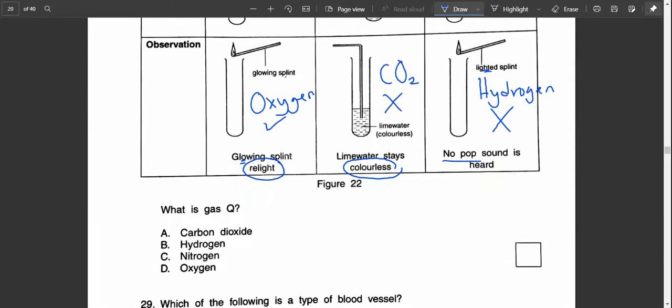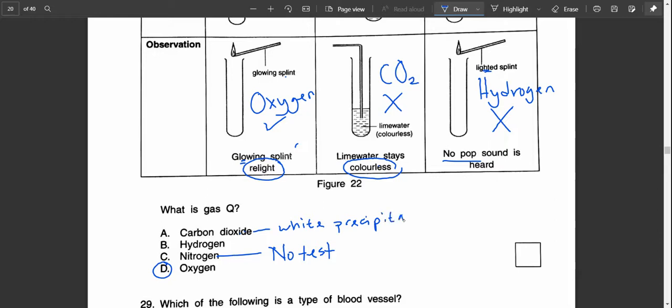With all this, what is gas Q? I take only oxygen. For nitrogen, there is no test at all, that's why it's not shown there. For carbon dioxide, lime water, if it's positive, will produce a white precipitate.